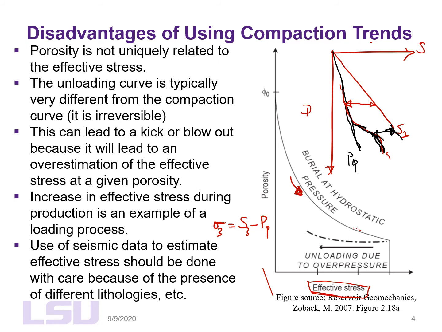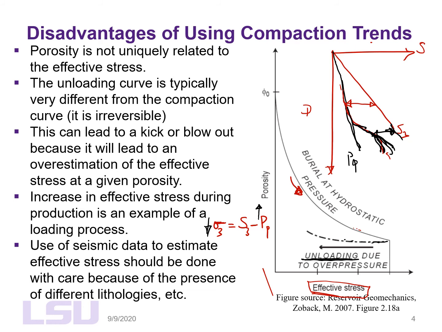It reduces, right? And that's what you're seeing here when you have unloading due to overpressure. So overpressure actually unloads the formation. Why? Because the pore pressure is higher, so the effective stress actually goes down.